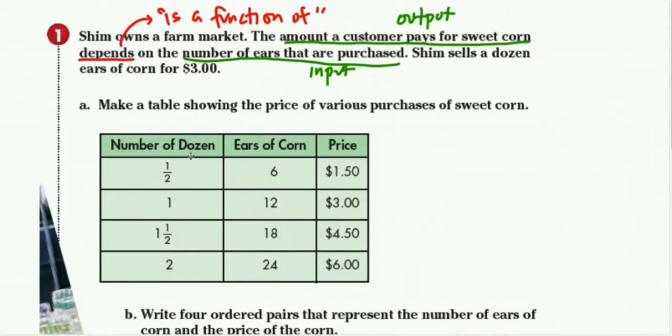So if Shim sells 1/2 dozen, 6 ears of corn, that'll be half of the $3, and that'll be $1.50. 1 dozen, 12 ears of corn, $3. 1 1/2 dozen, that'll be 6 plus 12 or 18 ears of corn for $4.50, and 2 dozen will give you 24 ears of corn for $6.